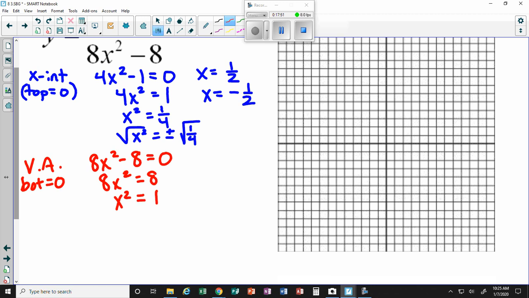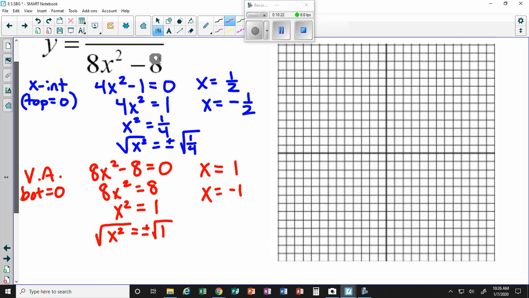Now what do I have to do? If I undo the square, I take the square root. You have to have two vertical asymptotes. So it's plus or minus the square root of 1, which is 1. So it's positive 1 and negative 1. I said they were going to get a little trickier today.